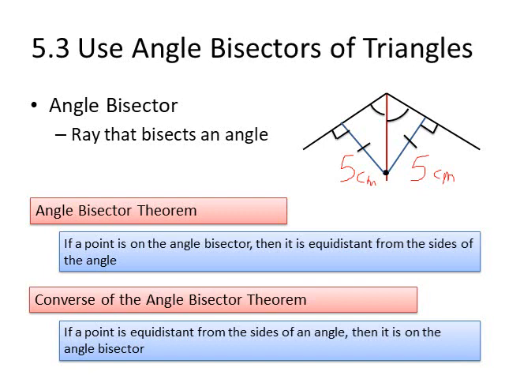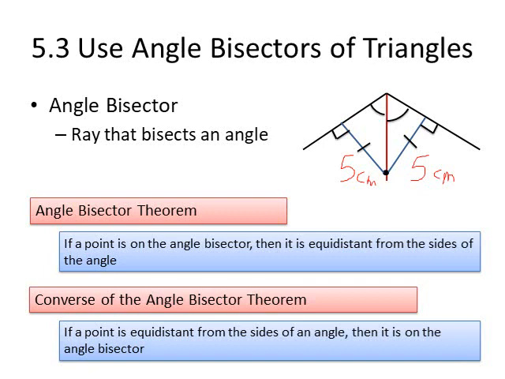If the blue line is equal to 5 centimeters, we will find the other line is 5 centimeters. Okay, the converse of the theorem: if a point is equidistant from the sides of an angle, then it is on the angle bisector.